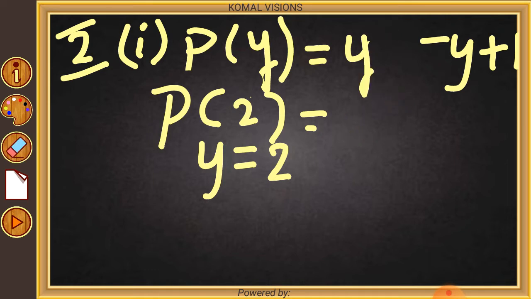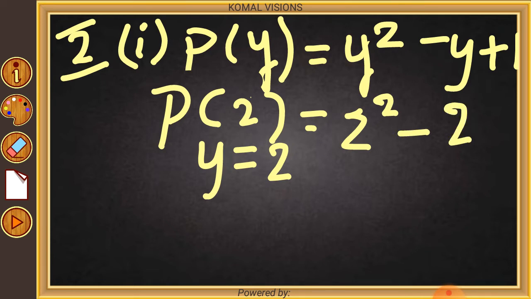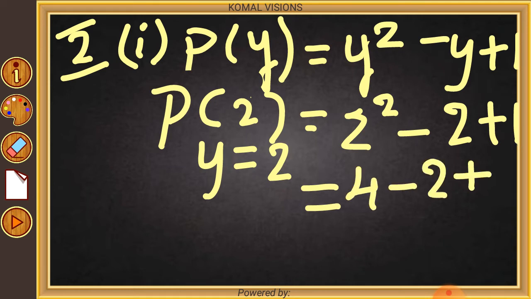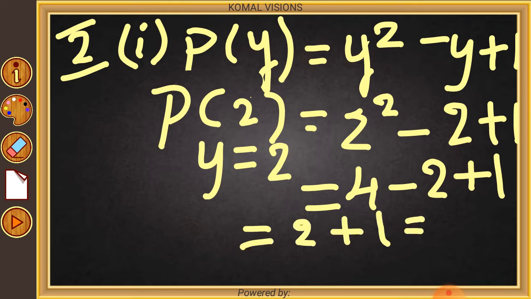So this is y square minus y plus 1, so the y value should be 2 square minus 2 plus 1. So 2 square is 4, minus 2 plus 1 continued as it is, which is equals to 4 minus 2 is 2, plus 1 is 3. So the value of the polynomial for p of 2 is 3.